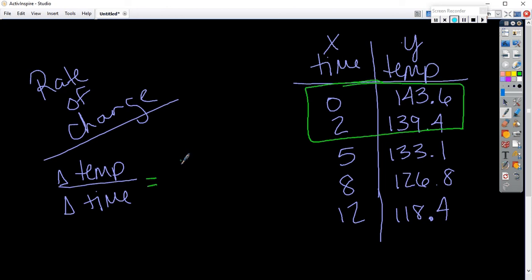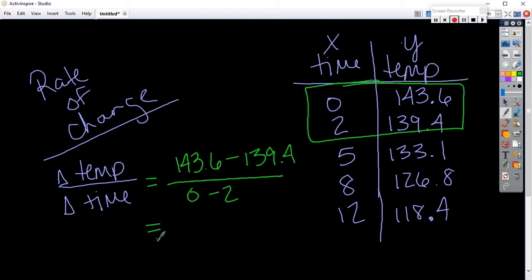All right, so the change in temp, 143.6 minus 139.4 divided by the change in time. What do you get up top? 4.2 divided by negative 2 would give you negative 2.1.